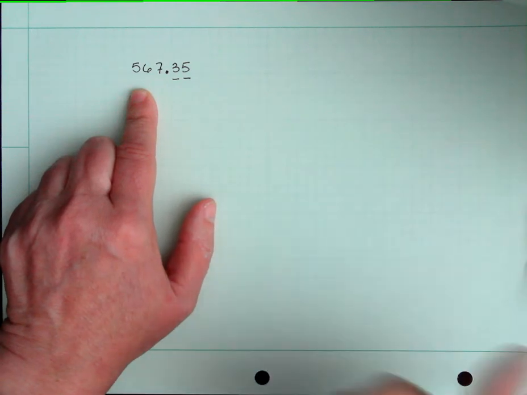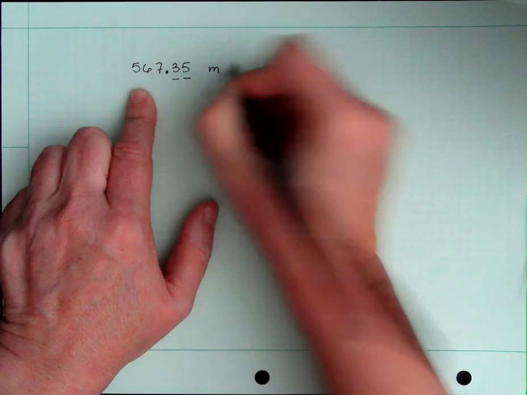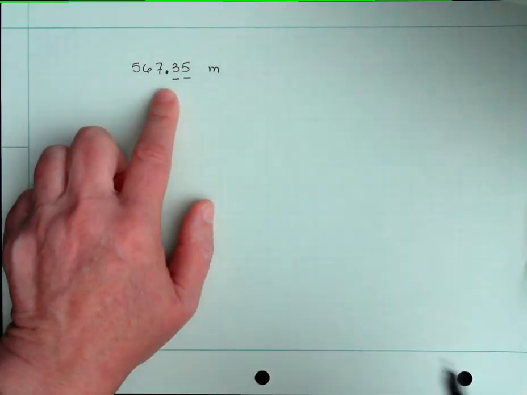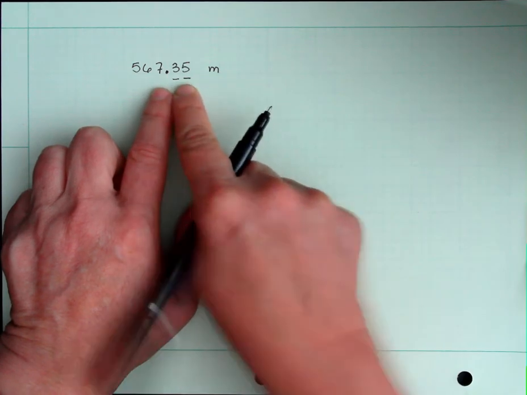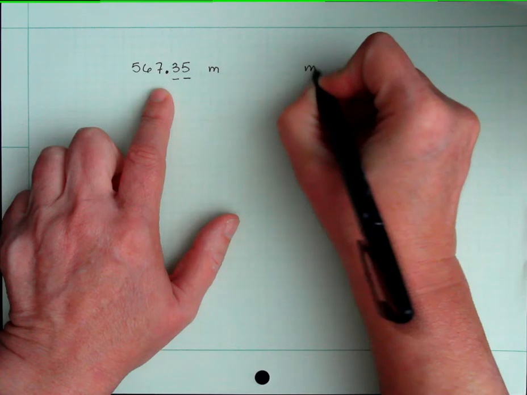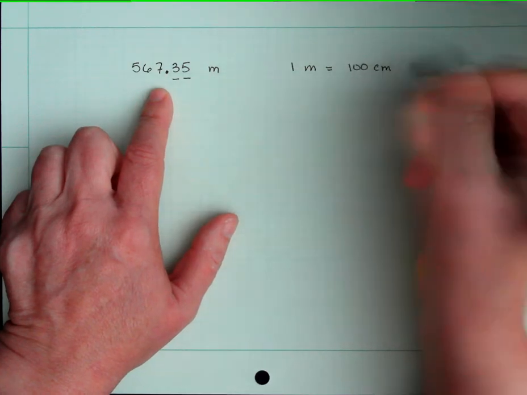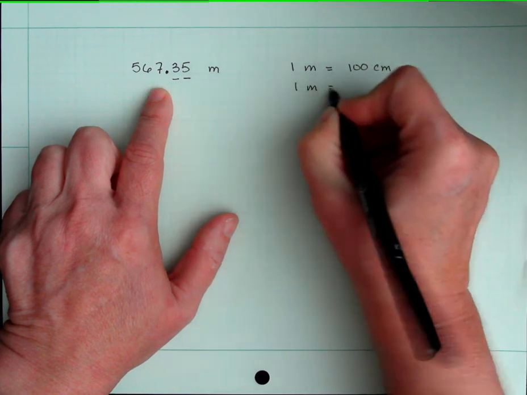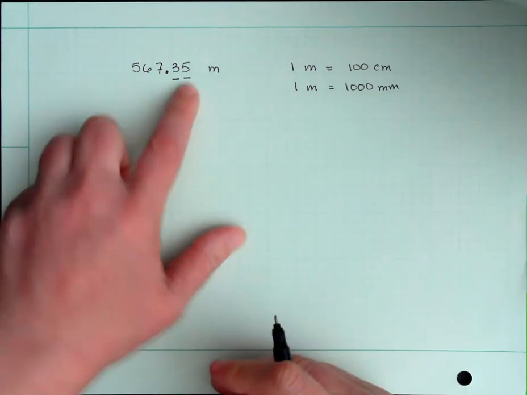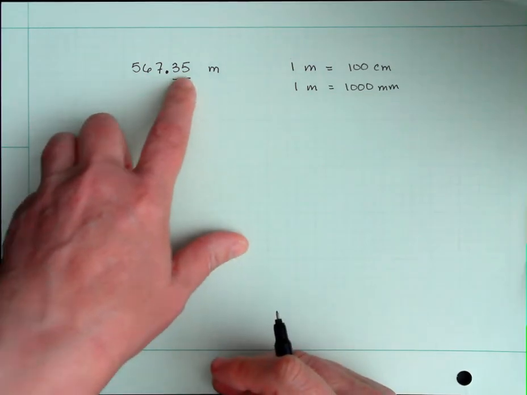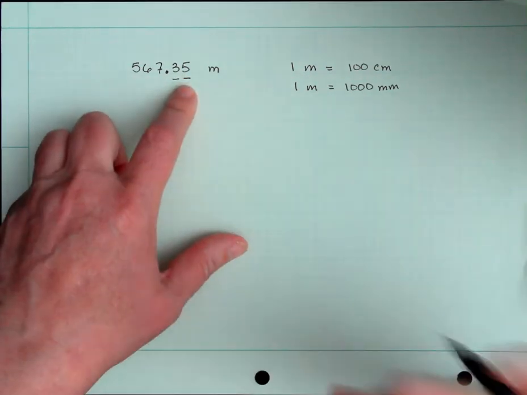If I'm doing this in terms of meters, this tells me that this value is measured to a centimeter, because remember, in 1 meter, there are 100 centimeters, and in 1 meter, there are 1,000 millimeters. So this is going to be measured to the single centimeter, not millimeter. So it gives me the precision of the measurement.